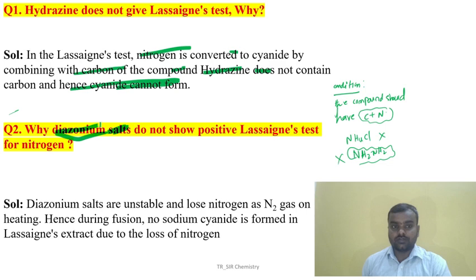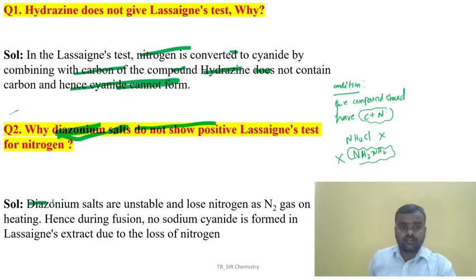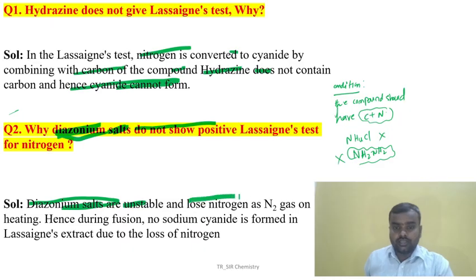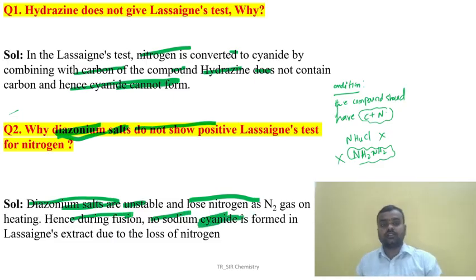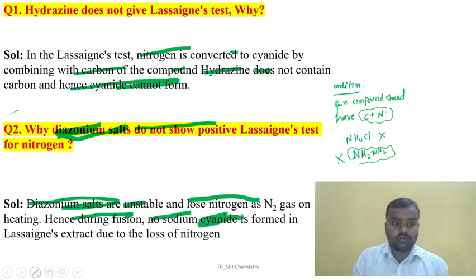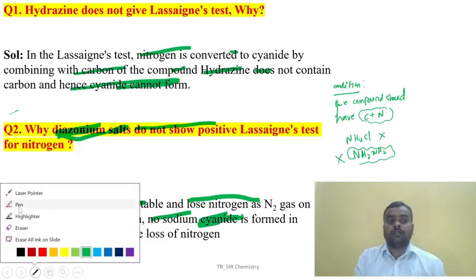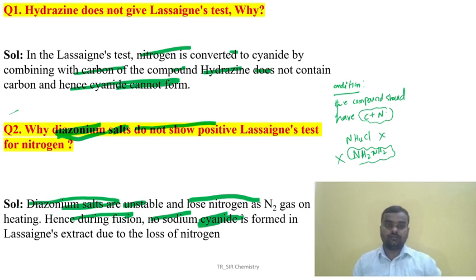In the case of diazonium salt, nitrogen is there, but carbon is not there, so it does not give a positive Lassaigne test. Generally, diazonium salts are unstable and lose nitrogen gas on heating. Hence, during the fusion, no sodium cyanide will be formed. So due to this reason there is no positive test for hydrazine as well as diazonium salts.